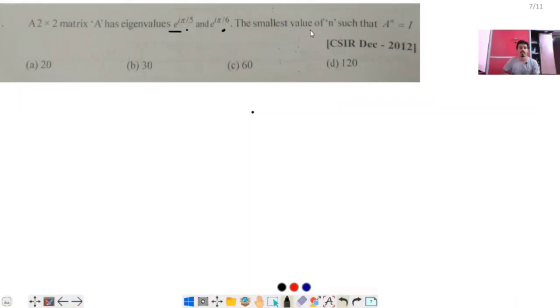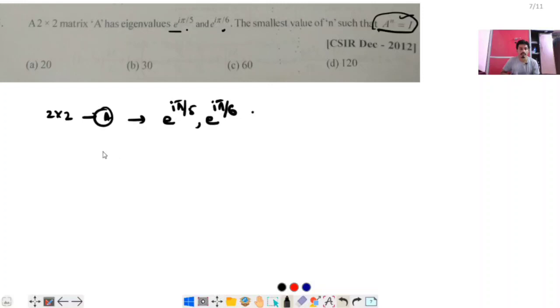Find the smallest value of n such that A power n is equal to I. We are given a 2 by 2 matrix A, its eigenvalues e power iota pi by 5, comma, e power iota pi by 6. Also A power n is equal to I.